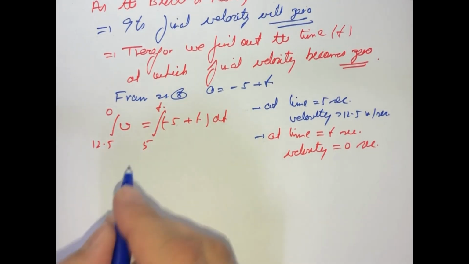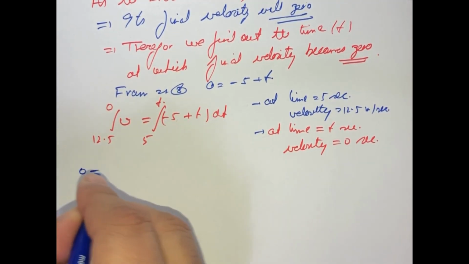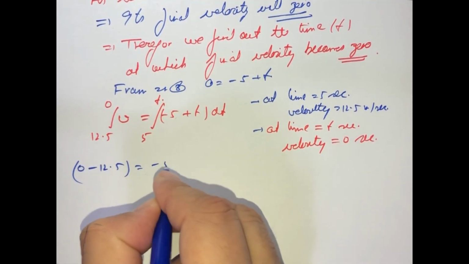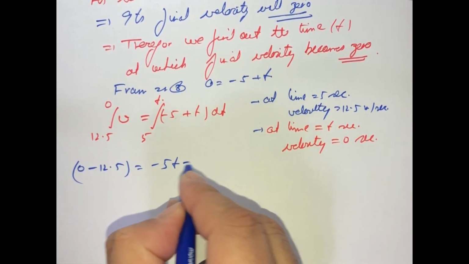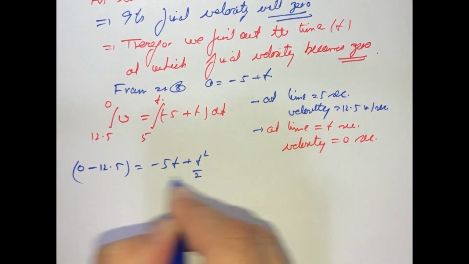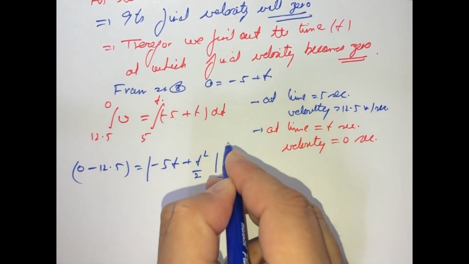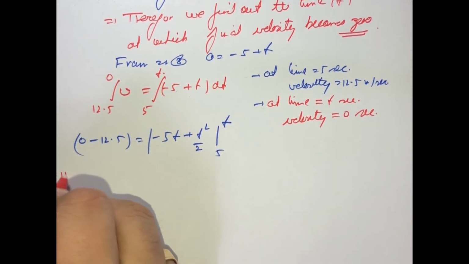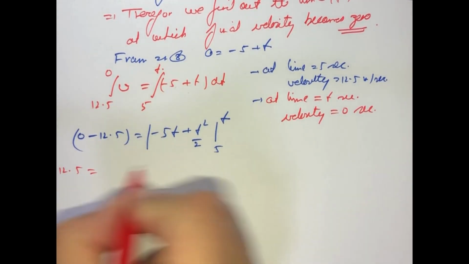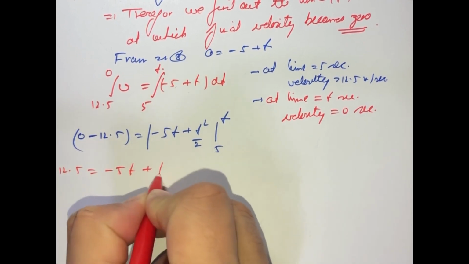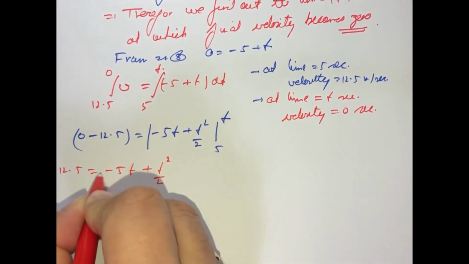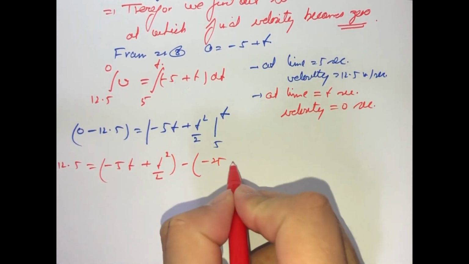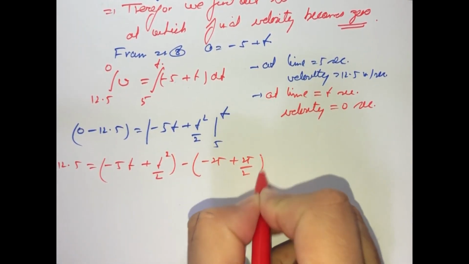So we are going to find out this time. So we integrate it, we get this as 0 minus 12.5 is equal to minus 5t plus t squared divided by 2, and this will be 5t. So we solve it, this will be minus 12.5 is equal to minus 5t plus t square upon 2 minus 25 plus 25 upon 2.